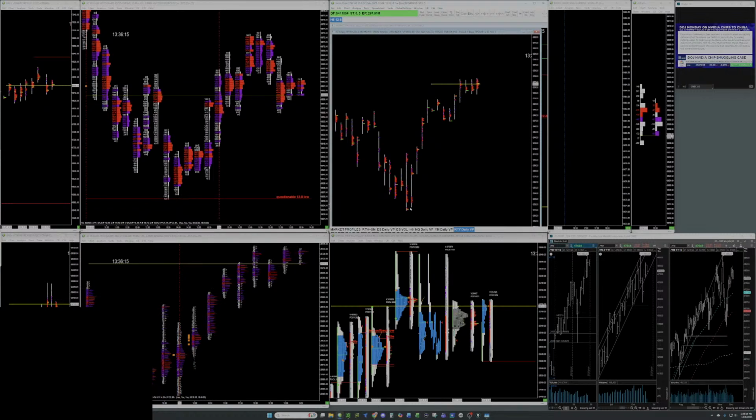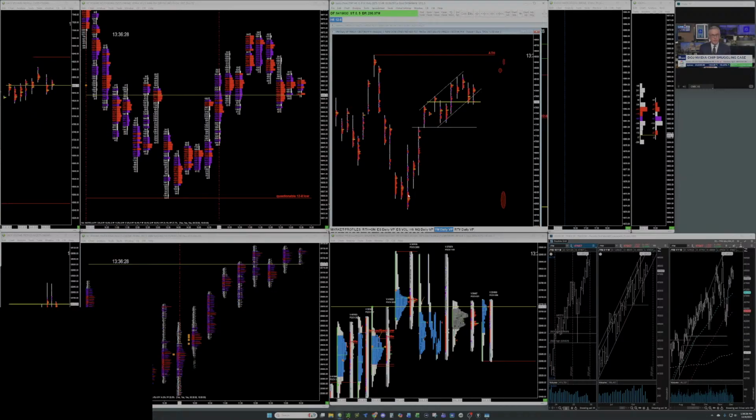The same pattern on the lower side, right? This is what I said, that probably I would see some accumulation on the lower side in Russell, same as I did see in the Dow.